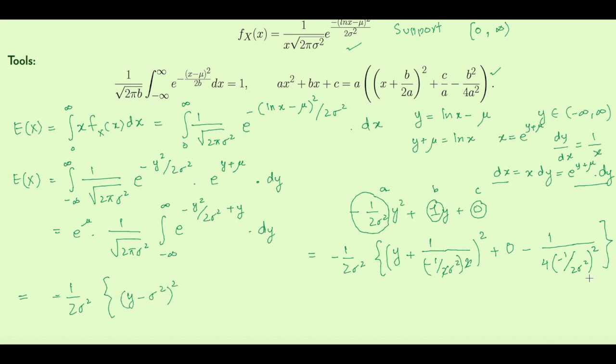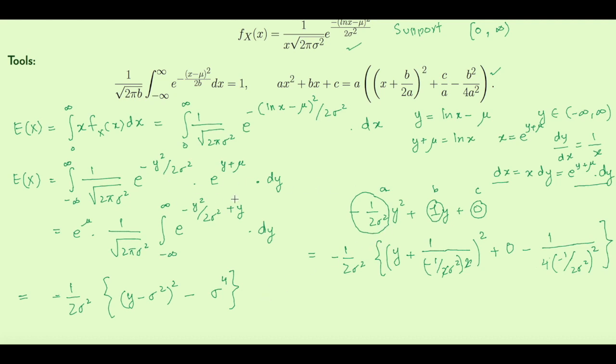Then this other term: the 2 squared gives 4, so this goes with the 4 and becomes sigma to the 4, and positive, so I can say minus sigma to the 4. Correct, because this 4 will cancel with this 4, and the squared makes it 1 over sigma to the 4, and this goes up.